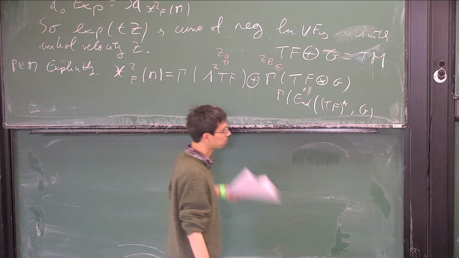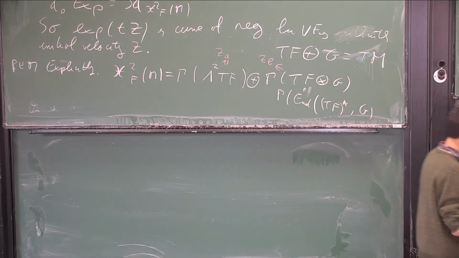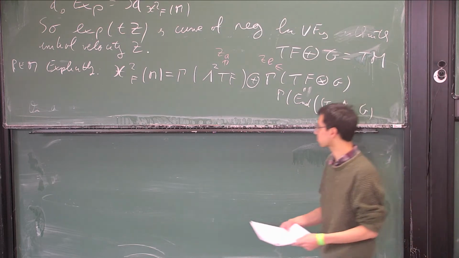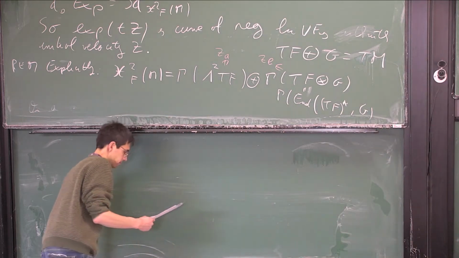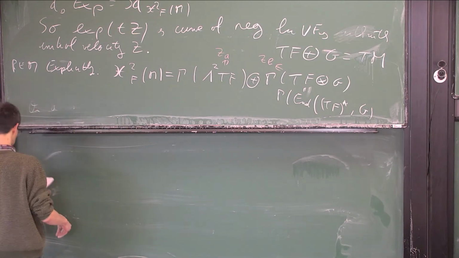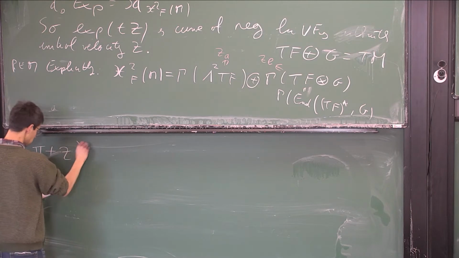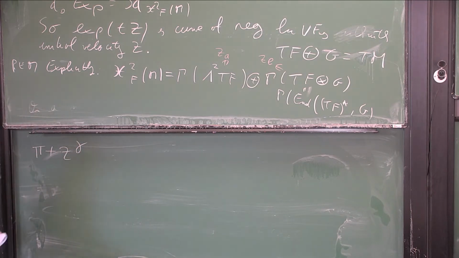How do these two components contribute to the regular bivector field that I construct out of Z? The initial velocity, wouldn't it be by that formula Z to the power gamma?